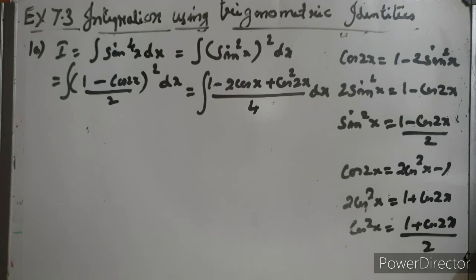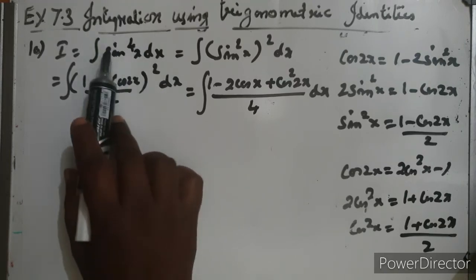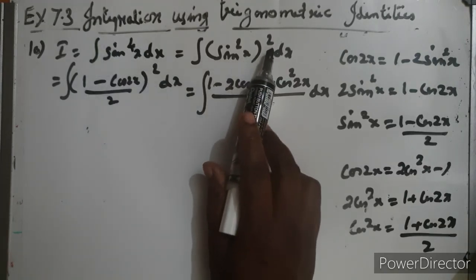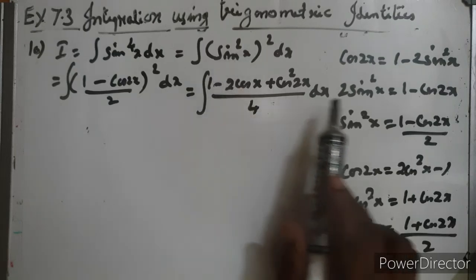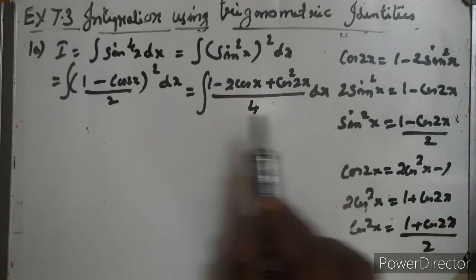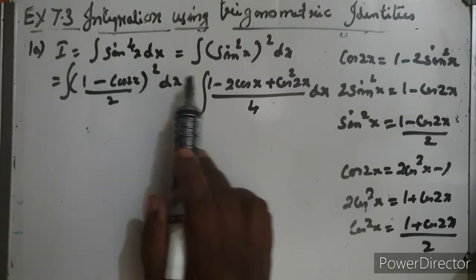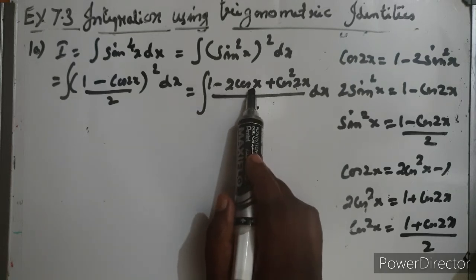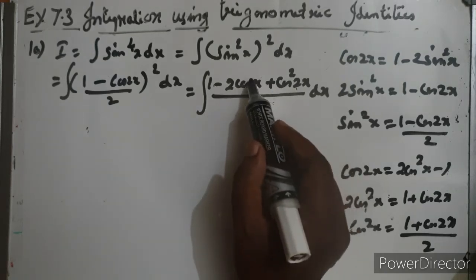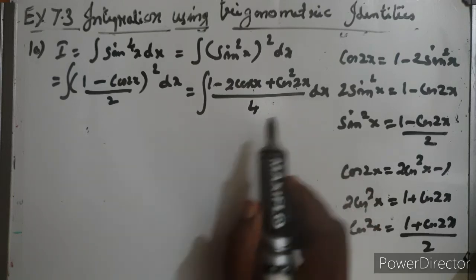10th one, find the integral of sin power 4 x dx. So let I equal to integral of sin power 4 x dx. I am writing sin power 4 as sin square x whole square dx. So sin square x I am writing as 1 minus cos 2x by 2 whole square. Here using the identity a minus b whole square, a square minus 2ab plus b square, that is 1 minus 2 cos 2x plus cos square 2x by 4 into dx.